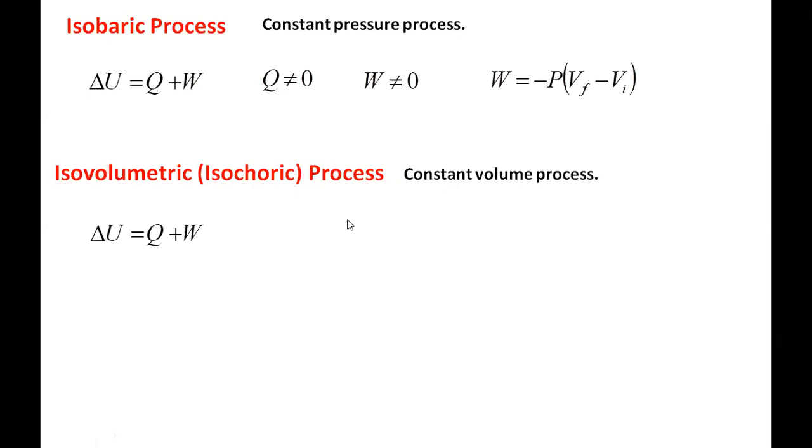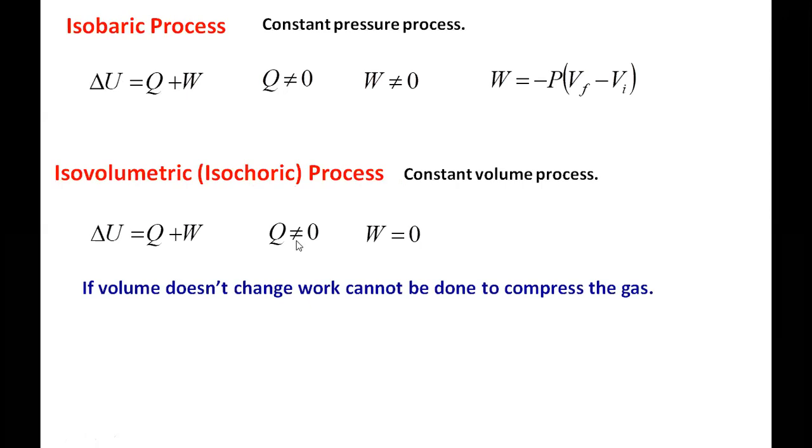This means delta U equals Q plus the work, and in this case Q does not equal 0 but the work equals 0. If the volume doesn't change, no work can be done to compress the gas. So in an isovolumetric process, delta U equals the heat. Okay.